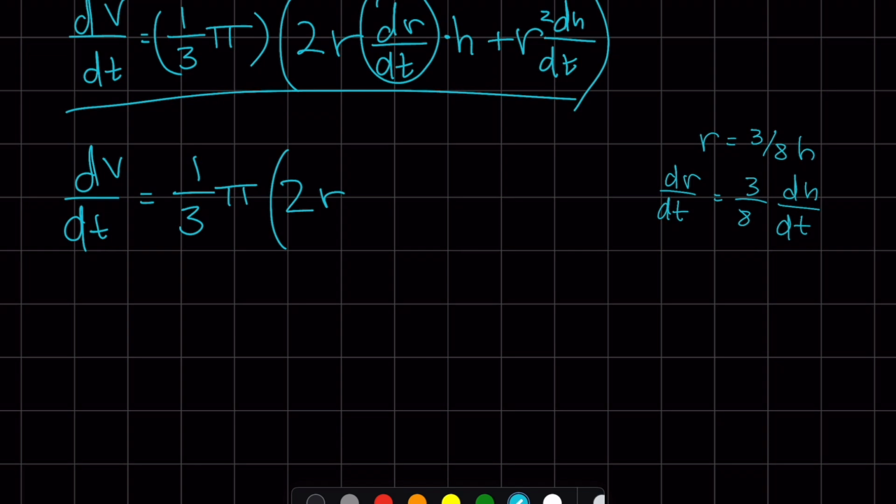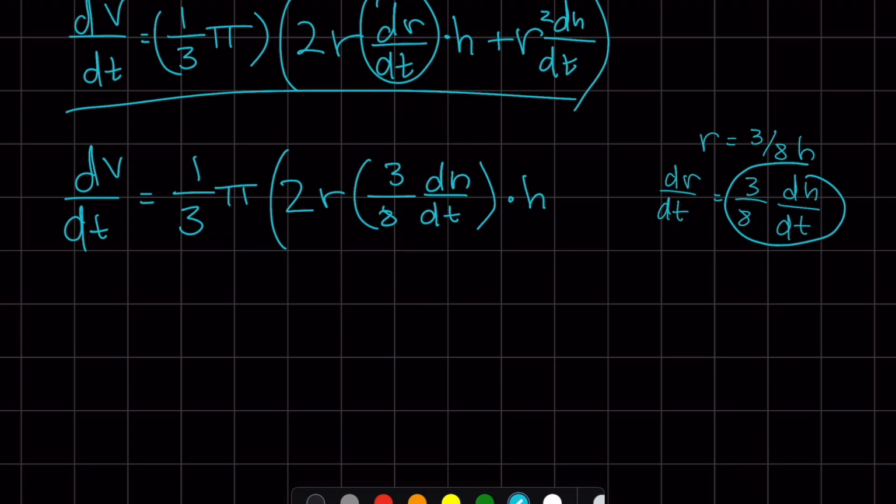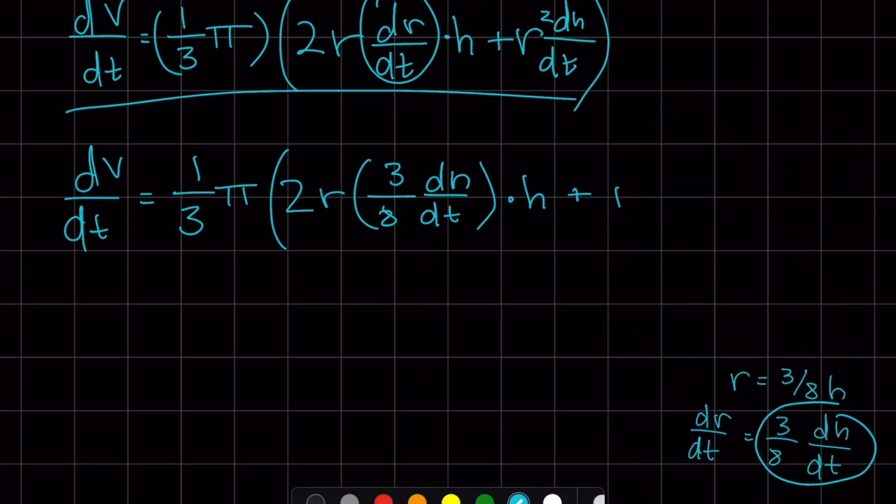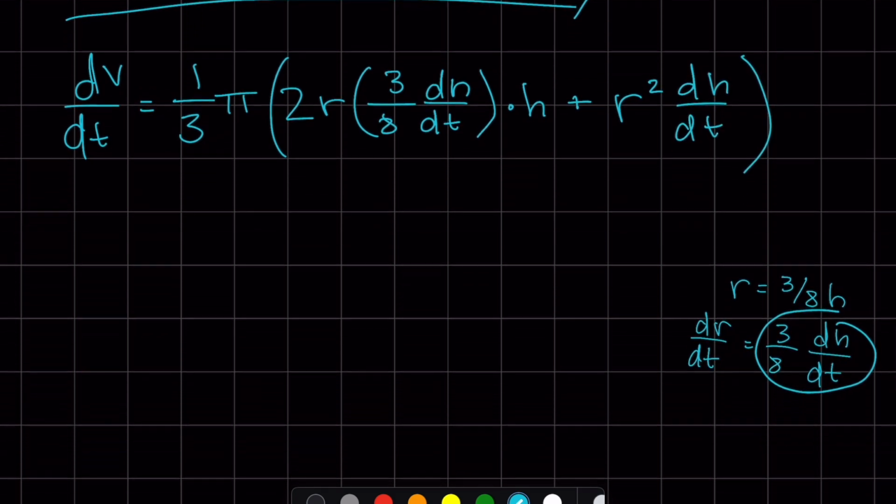Wherever I see a dr over dt, I'm going to plug in 3/8 dh over dt, and then that's going to multiply by height. And then let me get this out of the way. I'm going to add r squared dh over dt. Awesome. Now I have only dh's over dt's and dV's over dt's.